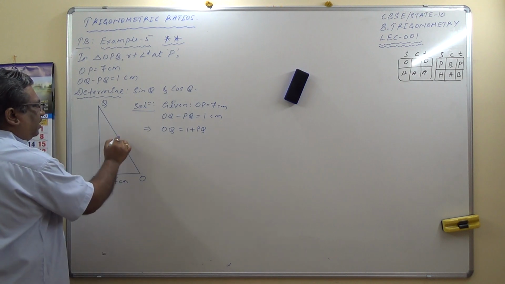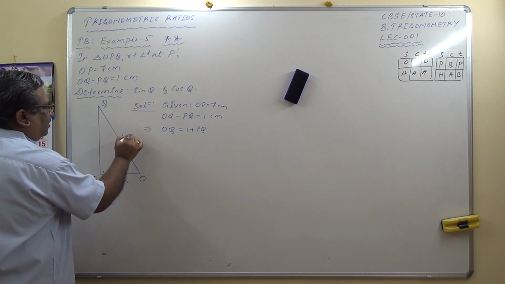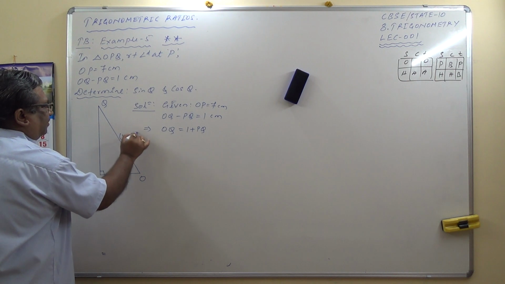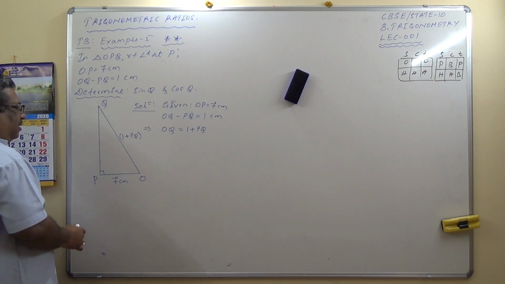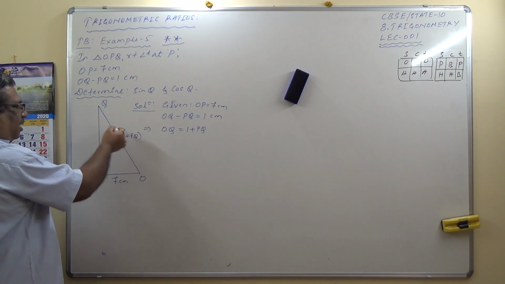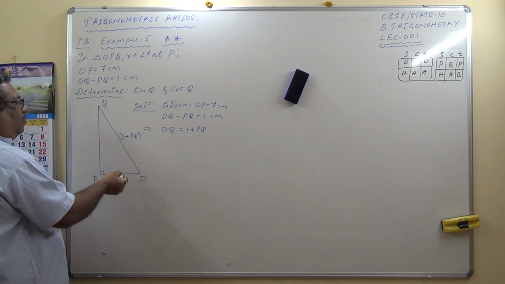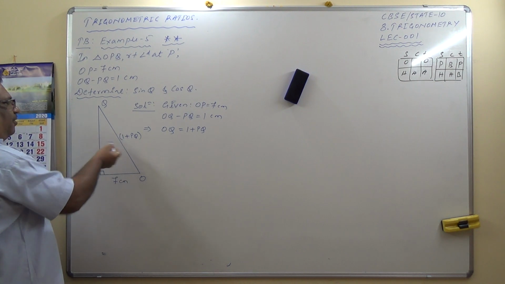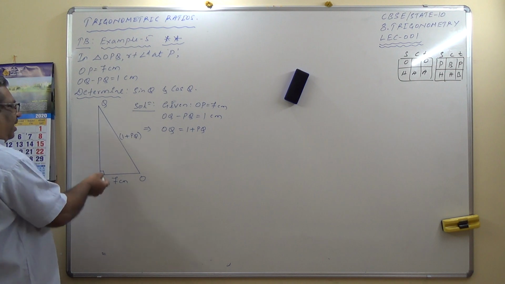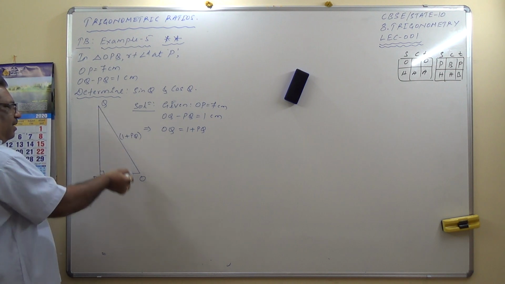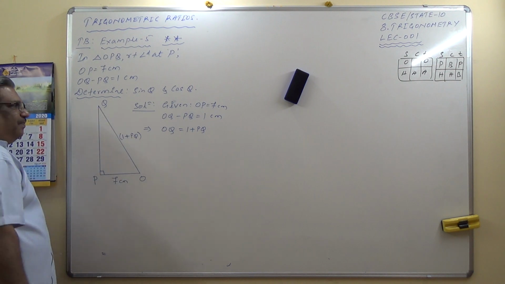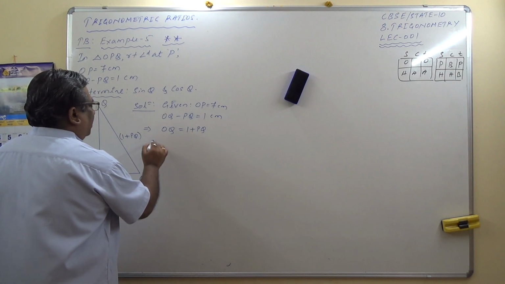So what is OQ? Here I will write 1 plus PQ centimeter. You got it? And this is PQ. If I apply Pythagoras theorem, only unknown will be PQ. Therefore, I should be able to get the value of PQ. If I know PQ, I can definitely find OQ, plus 1 it is.